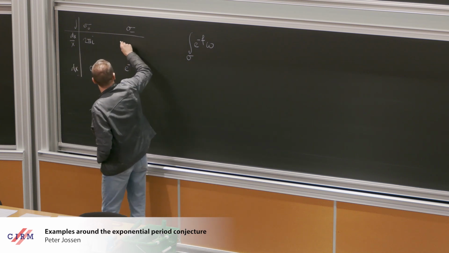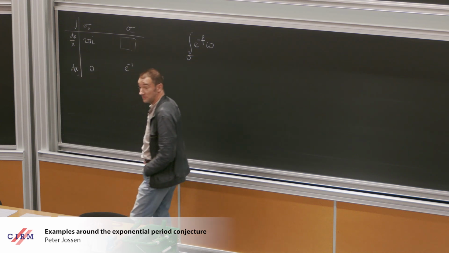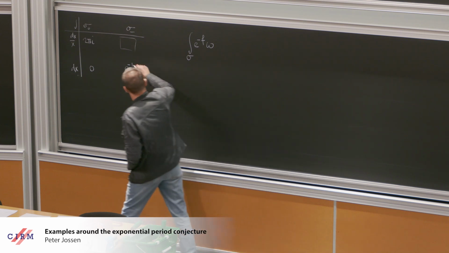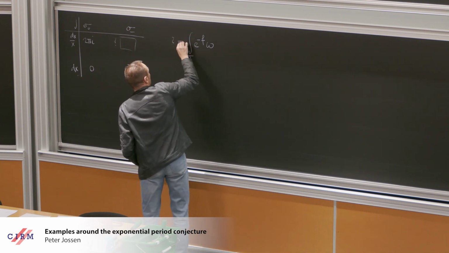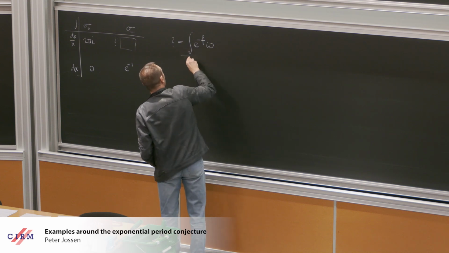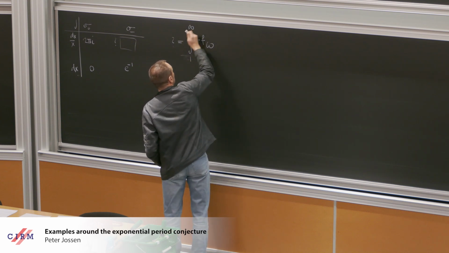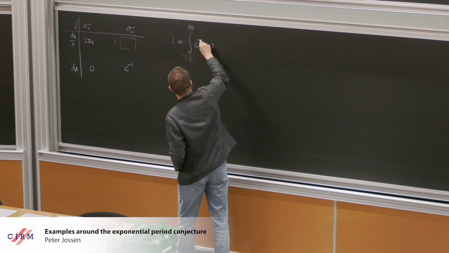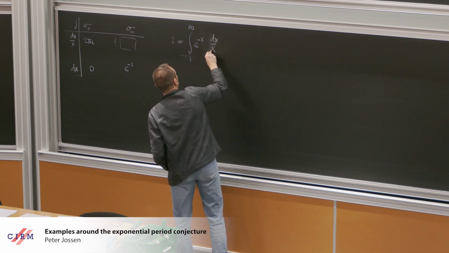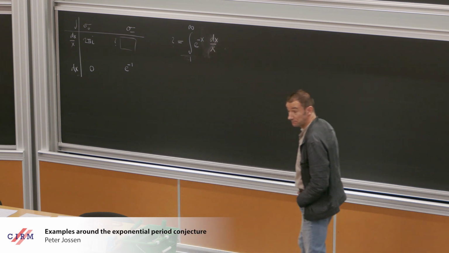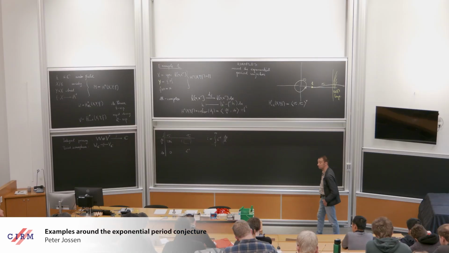And then there is this one left. That would be the integral from 1 to infinity of e to the minus f, where f is x, and omega is dx over x. So what is this number?